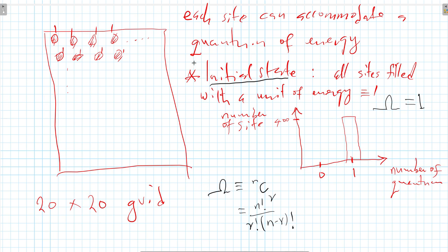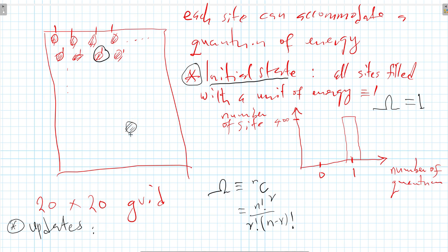Now we update the initial state. The update is as follows. One chooses a site randomly. So from the initial state, I randomly choose a site, and here it has 1 quantum. I remove the 1 quantum so that it becomes 0, and I move the 1 quantum into another random site.